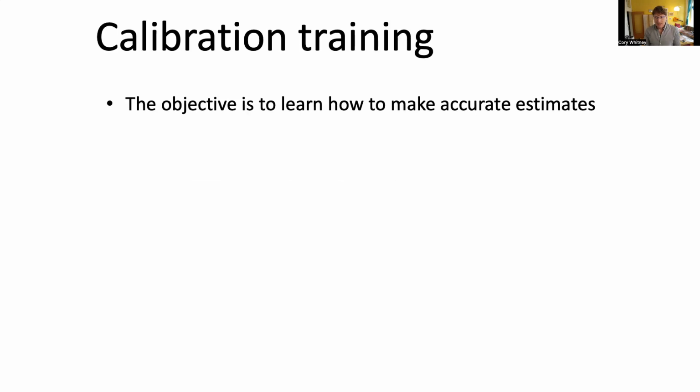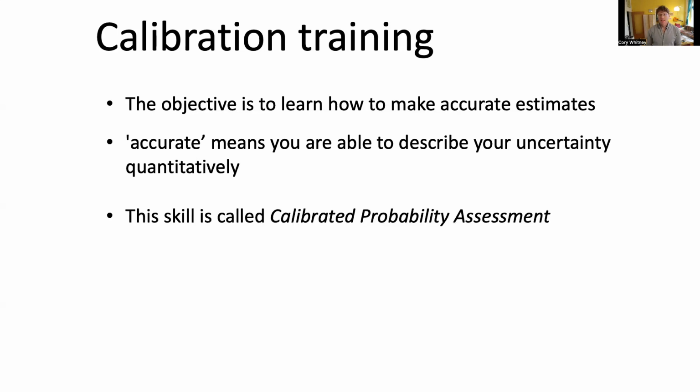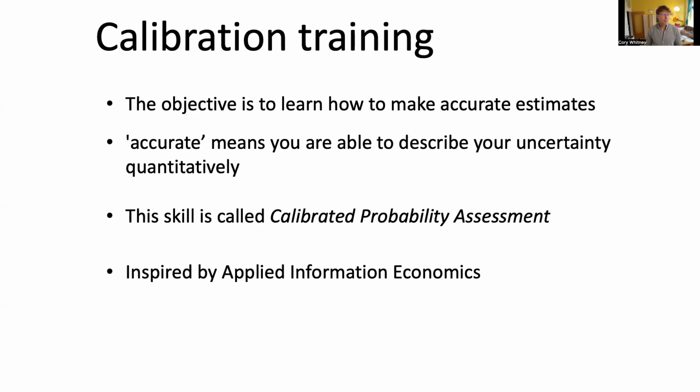So the objective here of this whole app, of this whole project, is to help you to learn how to make accurate estimates. And when we say accurate, what we mean is that you're able to describe your own uncertainty quantitatively. And this is called calibrated probability assessment.